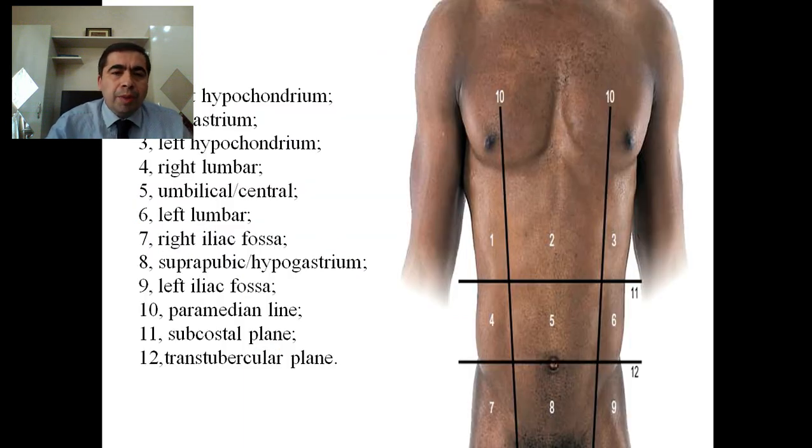As you know, the abdomen is the largest part of the trunk and it is located between the chest and pelvis. This region includes the abdominal walls, the anterolateral wall and the posterior wall, and the abdominal cavity, which is the largest cavity of the human body, and viscera. This cavity includes many viscera which belong to the digestive system, and also to the urinary system, like the kidneys and ureters.